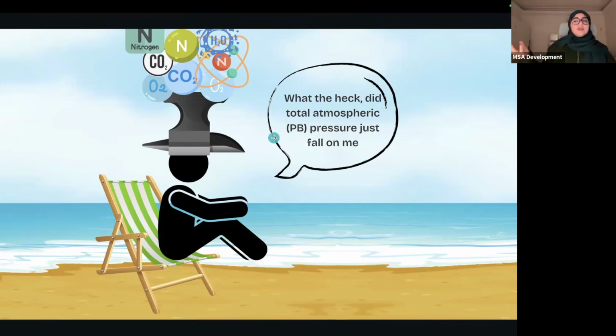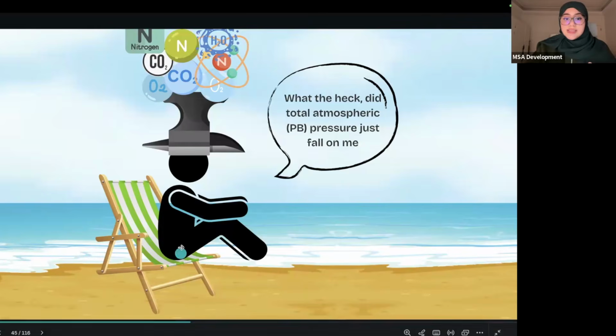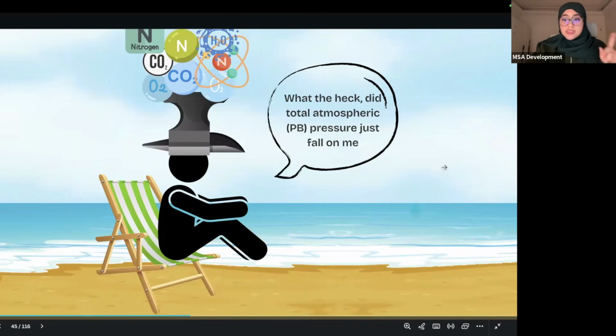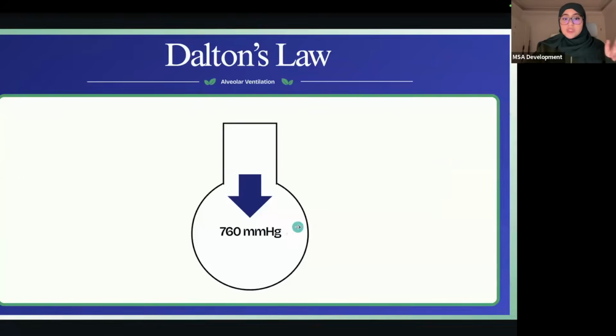Right now, for my exact time and place, the same thing is happening to me. Total atmospheric pressure is pushing down on me. And that total atmospheric pressure has a specific number. At sea level, it's 760.